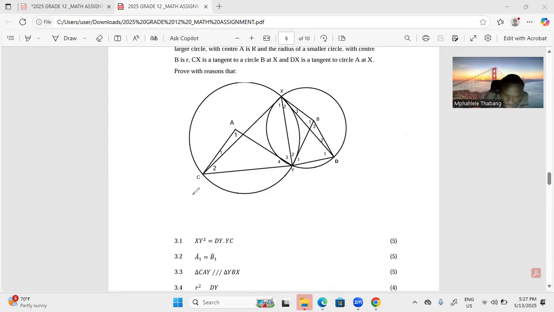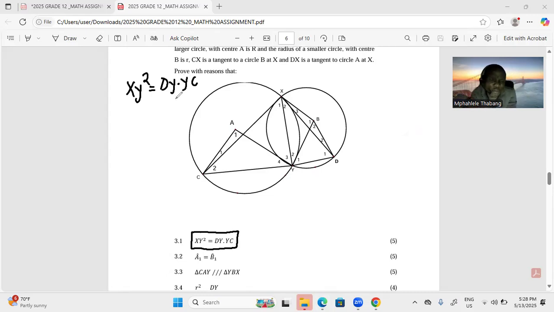Okay, so now 3.1, this is a bit of a tricky question, but since you will be exposed to these questions, it won't be tricky anymore. Because they are saying prove that xy squared is equal to dy times yc.